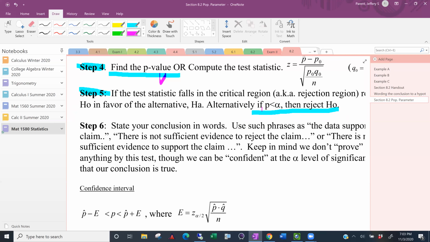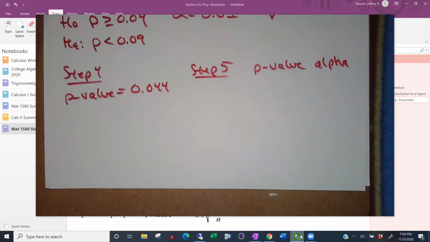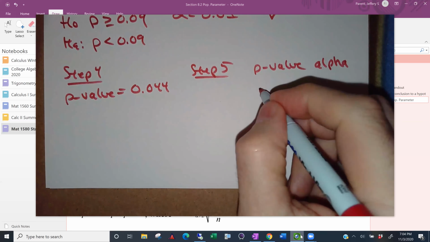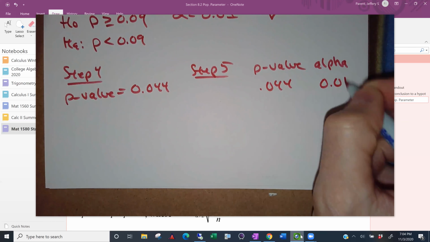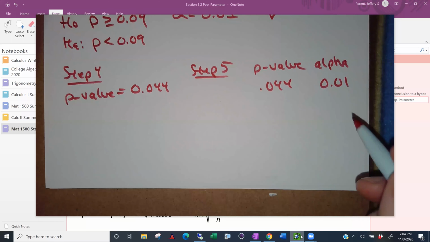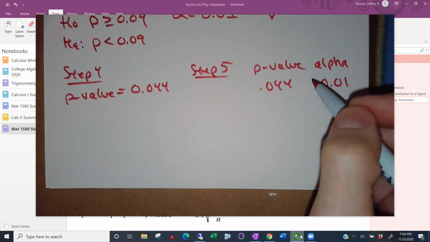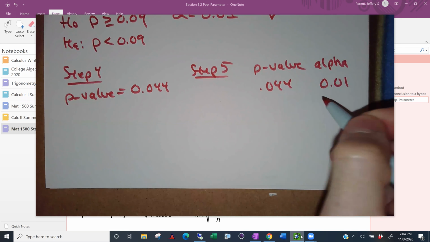So let's do step 5, our p-value and alpha. Our p-value was 0.044, alpha was 0.01. What symbol goes in here? Less than, greater than, or equal to?